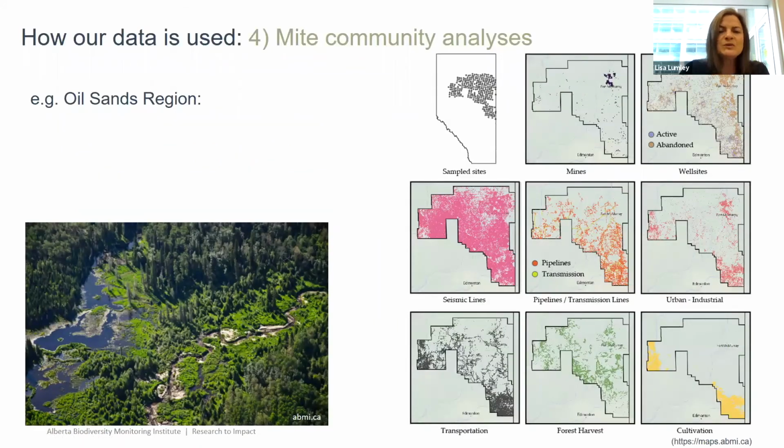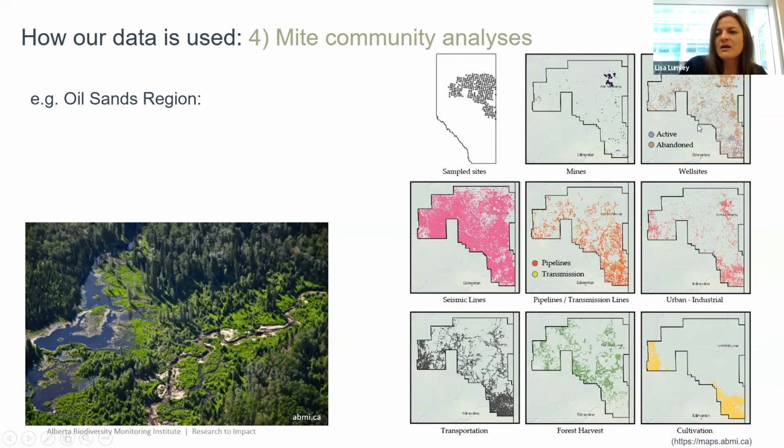We've also been using our data to look more at mite community analyses. This is an example we've been working on over the past year within the oil sands region. These are our sites across that area, 420 sites, and this is a nice mapping method that ABMI has on their mapping portal to show the footprint, the human disturbance types within that area.